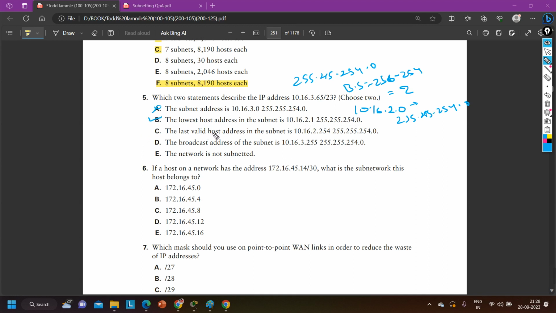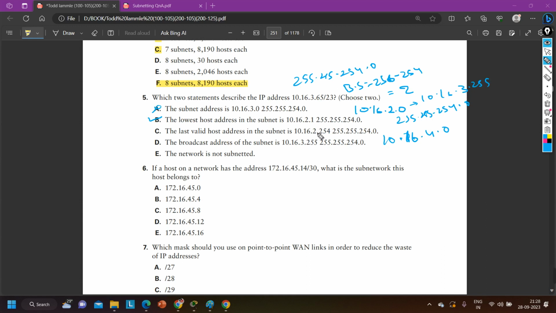The last valid host address in the subnet is this one. What will be the last address? The second network will be 10.16.4.0, so this network will end on 10.16.3.255. Yes or no?